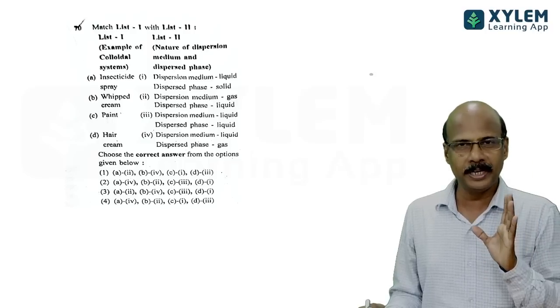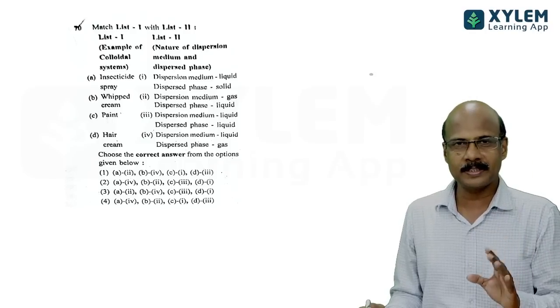Now let me go to question number 70. You want to find out dispersion medium and dispersed phase. Insecticide spray. You know, insecticides are generally liquids, sprayed in air. So the medium is air, whereas the dispersed particle is liquid. So the medium is gas, dispersed phase is liquid.